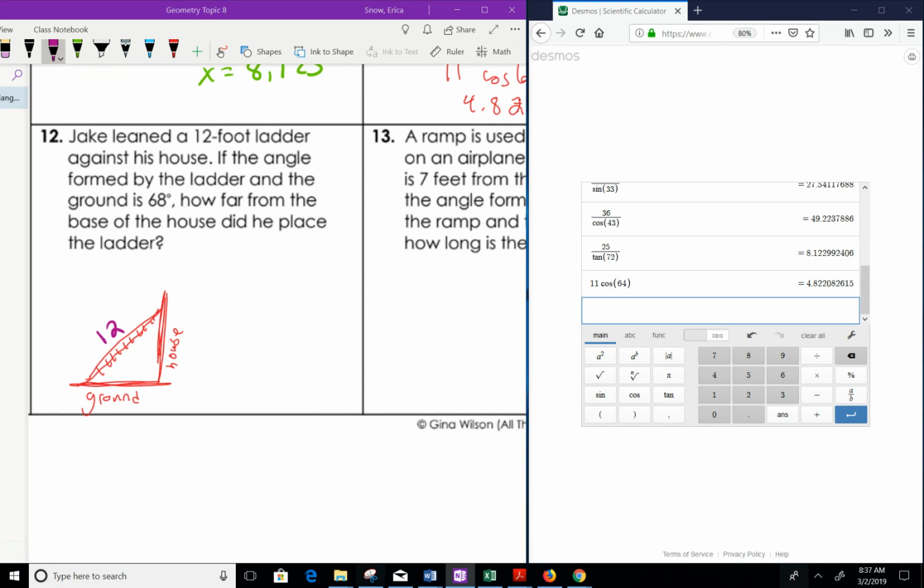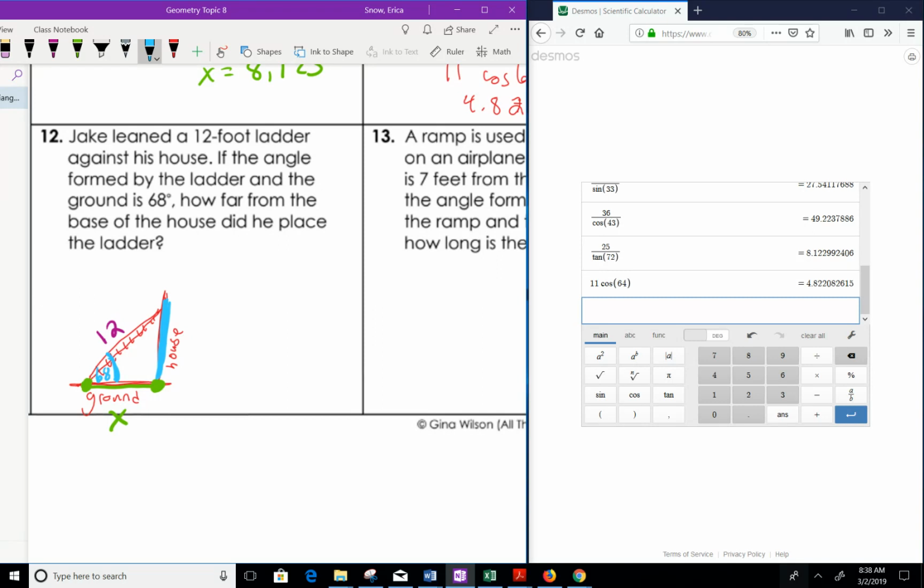If the angle formed by the ladder and the ground, so here's our angle formed by the ladder and the ground, is 68 degrees. How far from the base of the house did he place the ladder? So how far is the ladder from the house? So that's our x, our unknown. Now, I changed that 68 so that we could make our opposite side our house, right?